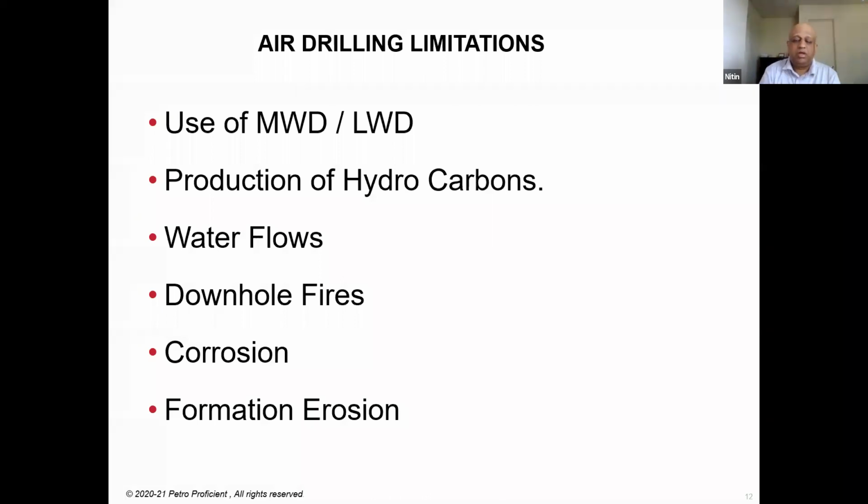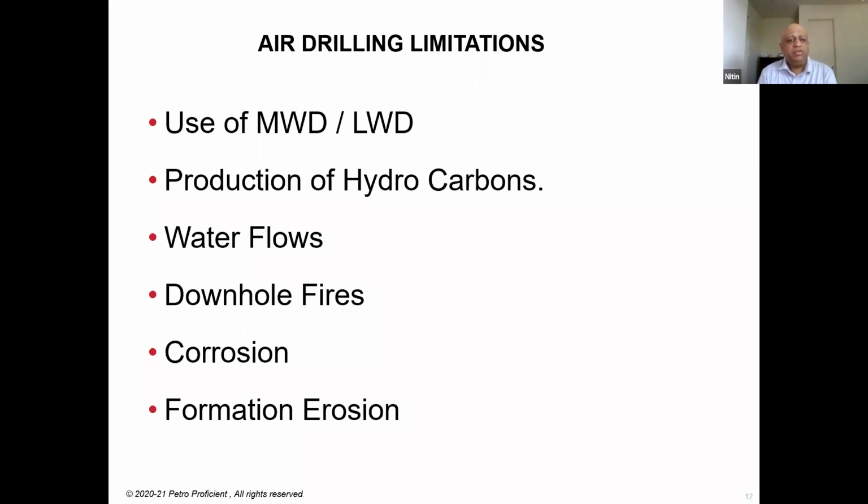If you have air in your mud, or just air as the drilling fluid, then measurement while drilling and logging while drilling are not feasible, because as you all know, they use mud pulse telemetry to transmit data to surface. If you have air or aerated mud, then conventional mud pulse telemetry is not possible. You may have to use electromagnetic MWD. So there is an alternative available for you, and that also needs to be examined.